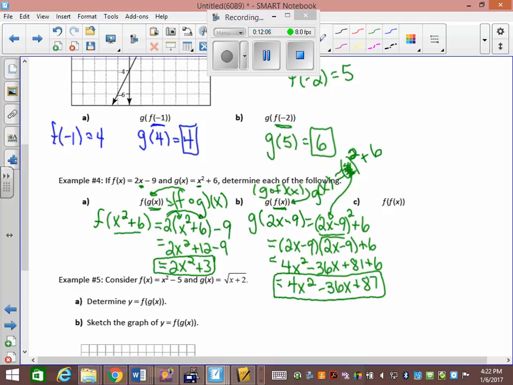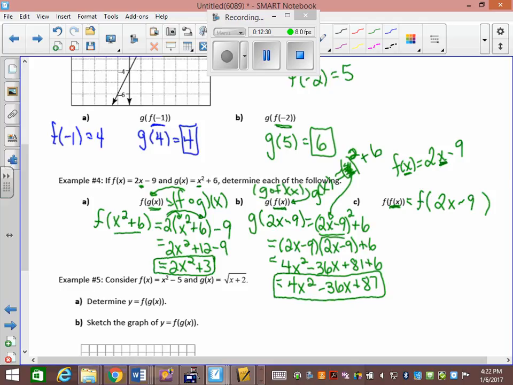Now what if it's f of f of x? Well, I'm still going to do the same thing. I'm going to rewrite the f on the outside in brackets, and I'm going to replace this f of x with whatever the heck f of x is. f of x is 2x minus 9. So now I have the function 2x minus 9 is what f of x is, right? So instead of writing f of x, I have f of 2x minus 9.